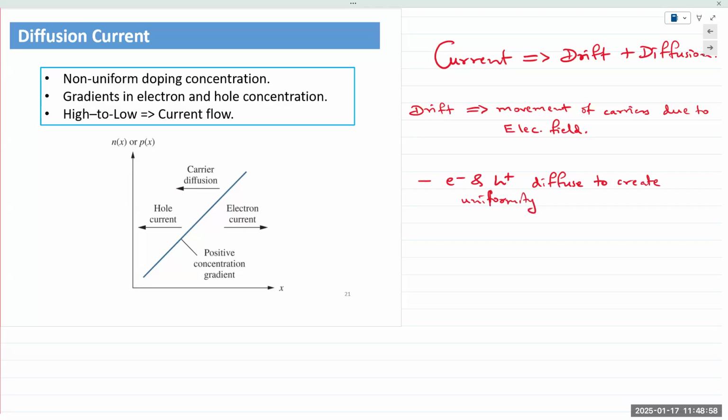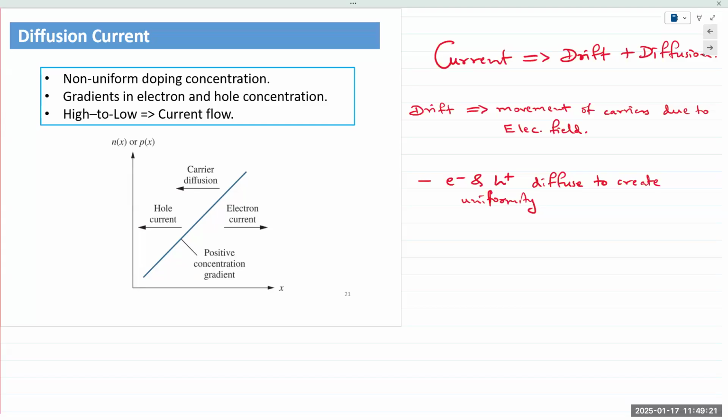Like any other physical quantity, if you hold up liquid at a high level, if there's enough space for it to move around, liquid's going to diffuse until it forms a flat line, right? Temperature goes from high to low, pressure flows from high to low, electrical current or charge also goes from high to low.